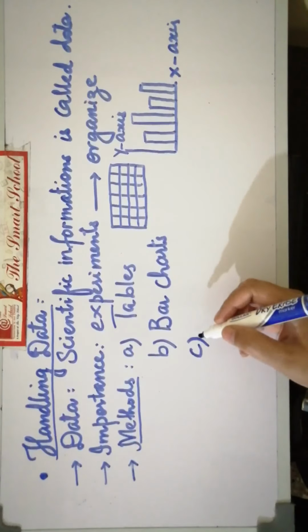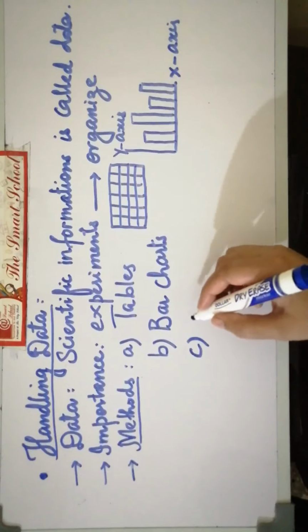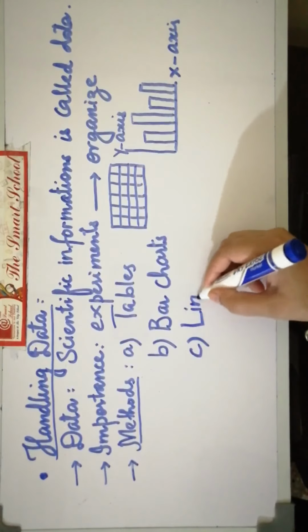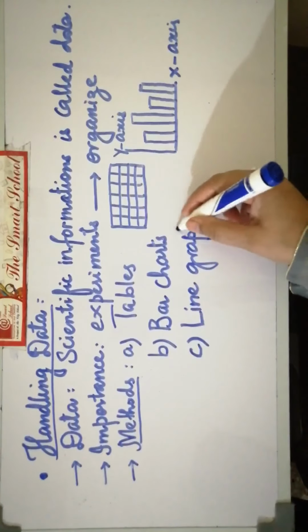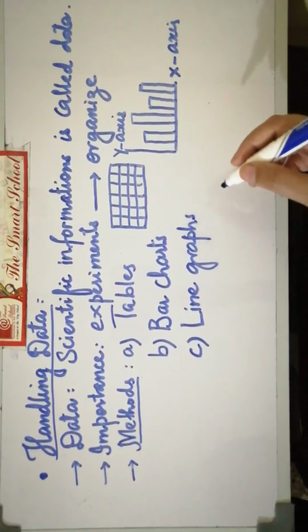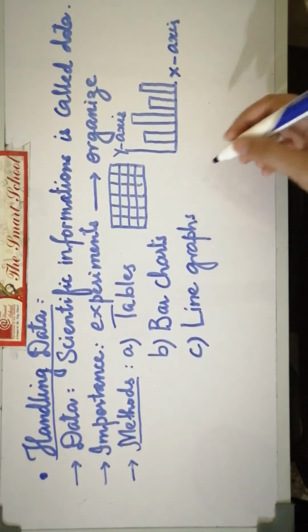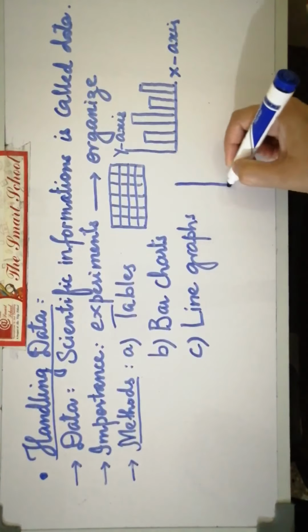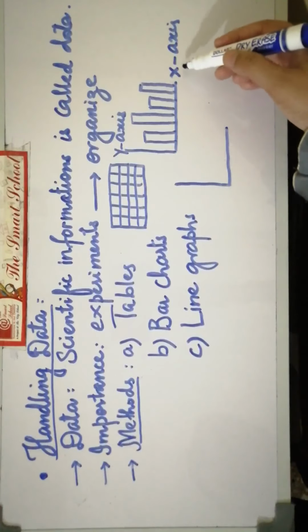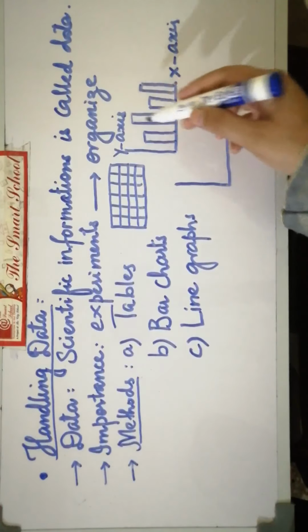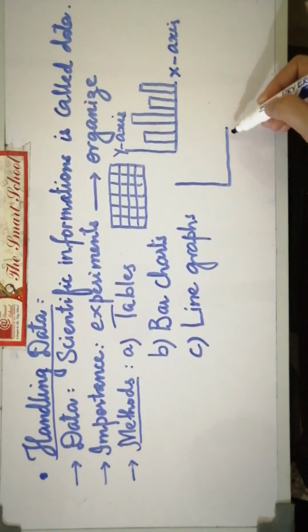The next method which is basically used is line graphs. In the line graph, you again take the graph paper and draw your values on the x-axis and the y-axis in a similar manner.